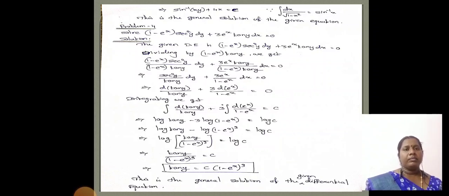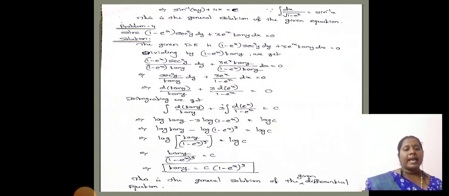First, dividing by 1 minus e power x tan y on both sides, we have 1 minus e power x secant square y divided by 1 minus e power x tan y into dy plus 3 e power x tan y divided by 1 minus e power x tan y dx equal to 0.